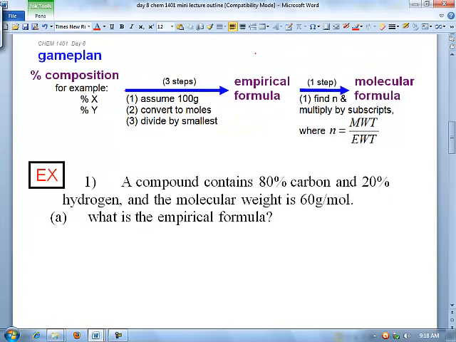Here's our first question. A compound contains 80% carbon, 20% hydrogen. The molecular weight is 60 grams per mole. So looking at this, we're supposed to do, in the game plan, assume 100 grams. Okay, that's nice, but if I assume 100 grams, then how much carbon and hydrogen would I have?